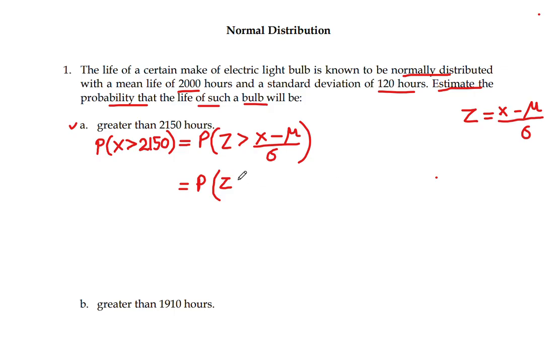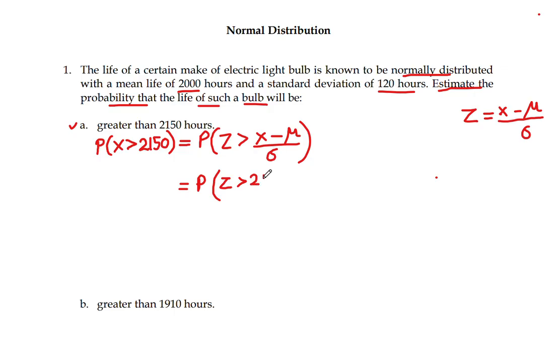So this becomes the probability that Z is greater than, so we change from X to Z when we're standardizing, and we keep whatever sign we're using in the problem, which in this case is a greater than sign, and X is the value for which we're calculating the probability, which is 2,150.